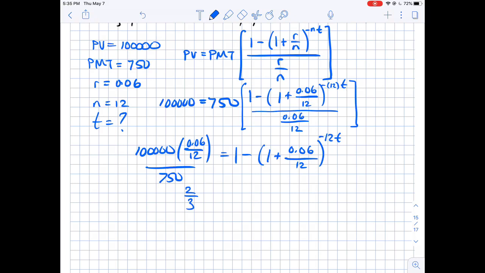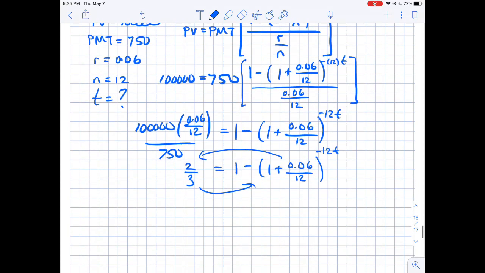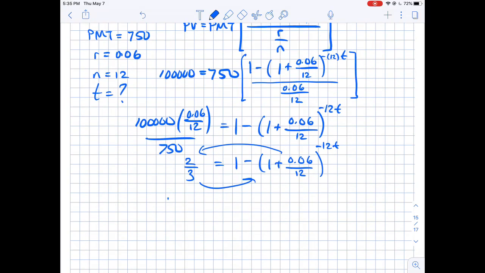You end up getting just 2/3 on the left is equal to 1 minus (1 plus 0.06 over 12) to the negative 12t. And that means that if I bring this over to the left so that it becomes positive and my 2/3 over to the right, we end up with (1 plus 0.06 over 12) to the negative 12t is equal to 1 minus 2/3. And 1 minus 2/3 is just going to be 1/3.